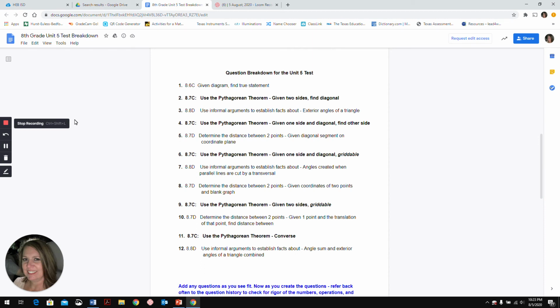Now, I tell you all of this so that you will know how much you can trust these documents. These are not thrown together and things are not pulled out of thin air. If there's a griddable question on your unit assessment, that means that TEKS has been assessed through a griddable on STAR. All right, we've really made sure that these are very well aligned, that they fully cover the TEKS, and that they cover the TEKS in a way that students will be asked at the end of the year.